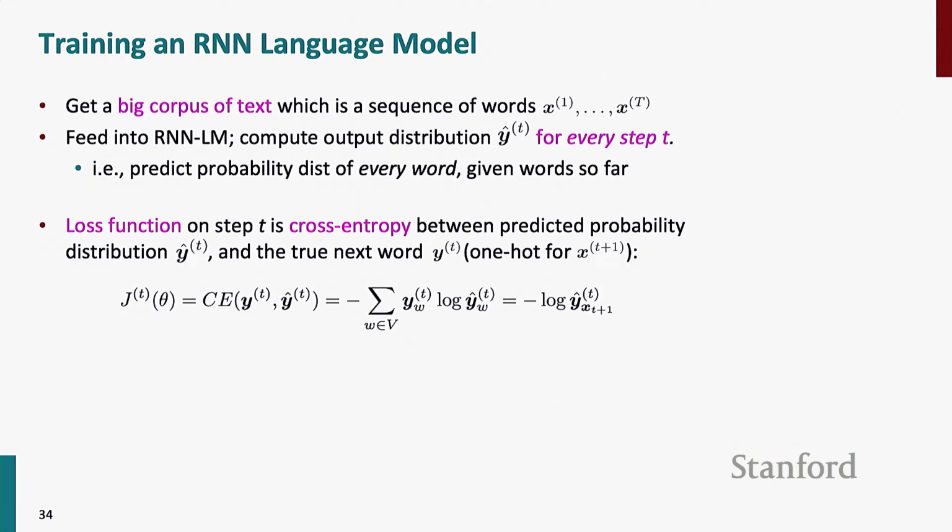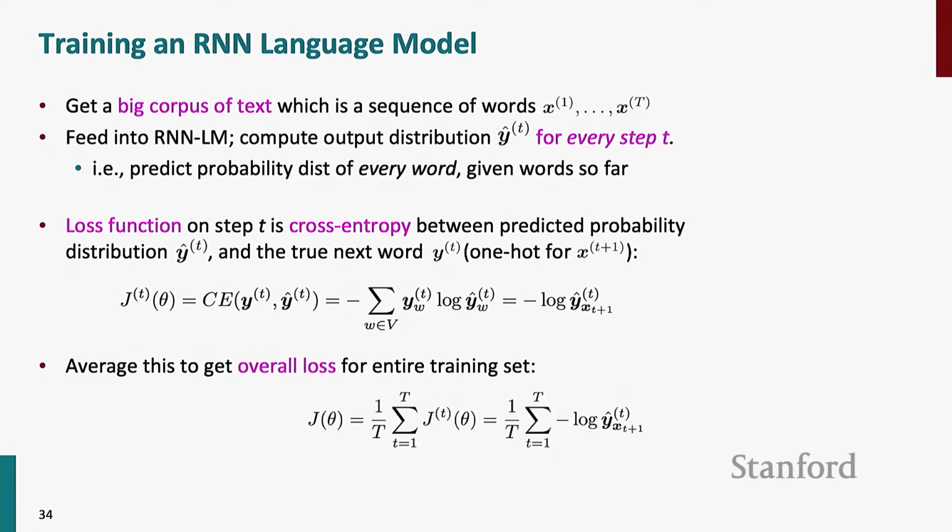Ideally, you'd like to predict the actual next word with probability 1, which means the negative log of 1 would be 0, and there'd be no loss. But in practice, if you give it an estimate of 0.5, there's only a little bit of loss, and so on. And so to get our overall objective function, we work out the average loss, the average negative log likelihood of predicting each word in turn.